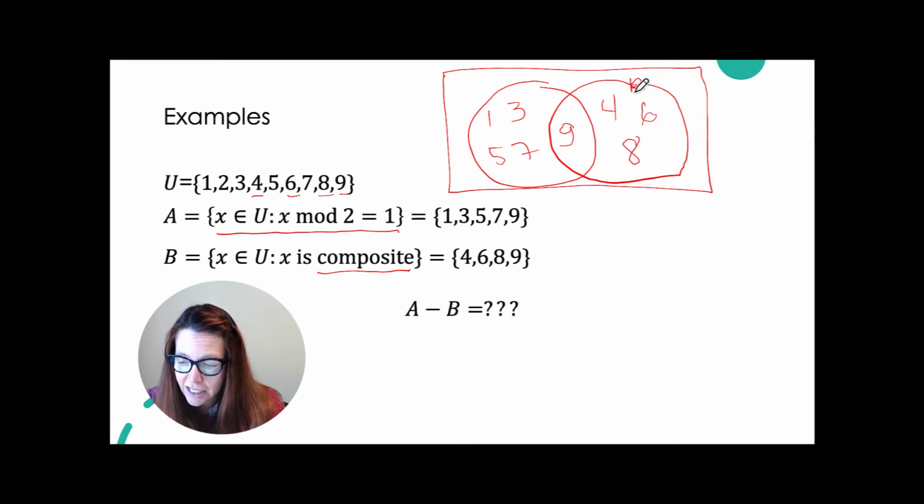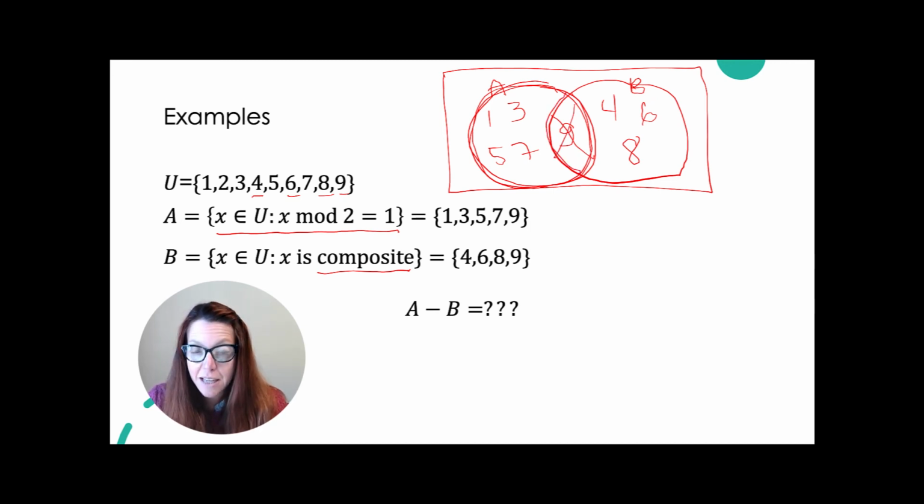And we can see this is our set A and our set B. The only thing we're going to remove from our set A: we're going to take all of the elements in set A except those that are in B. So we're going to remove the 9 because the 9 is in B. So A minus B is then everything in yellow. It's the 1, 3, 5, and 7.